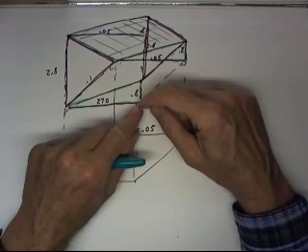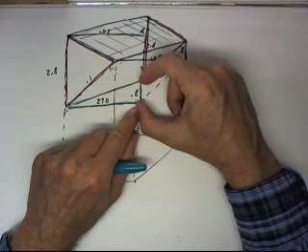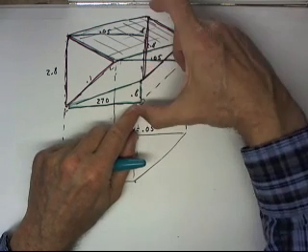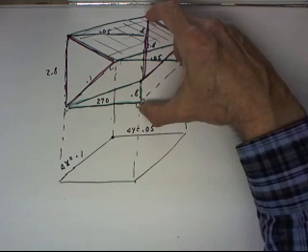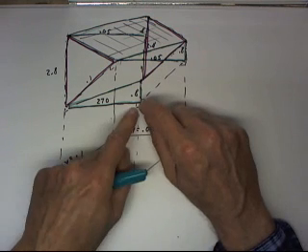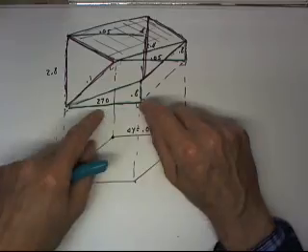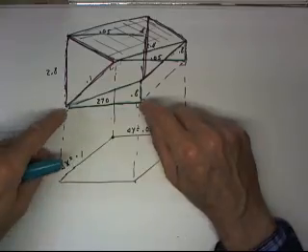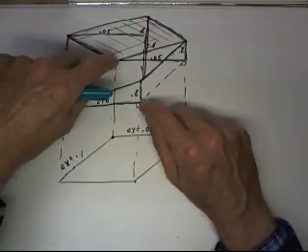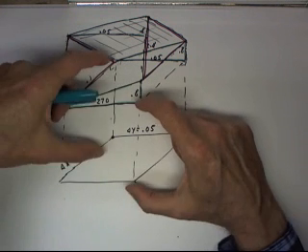Once more, the difference between this point and this point is the 0.8 we have here and the 2.8 here, 3.6. This point is horizontally connected to this point, which is horizontally connected to this point, so from here to here there's no change.